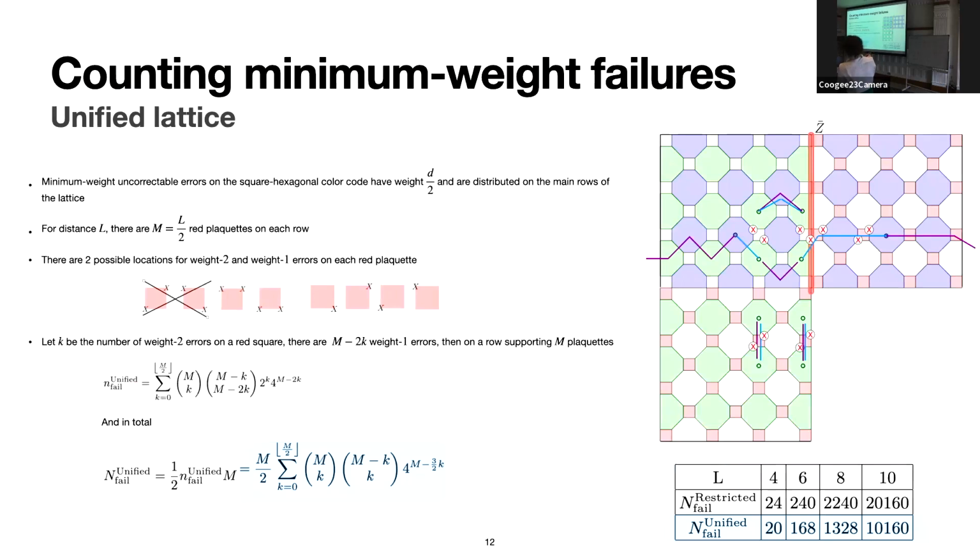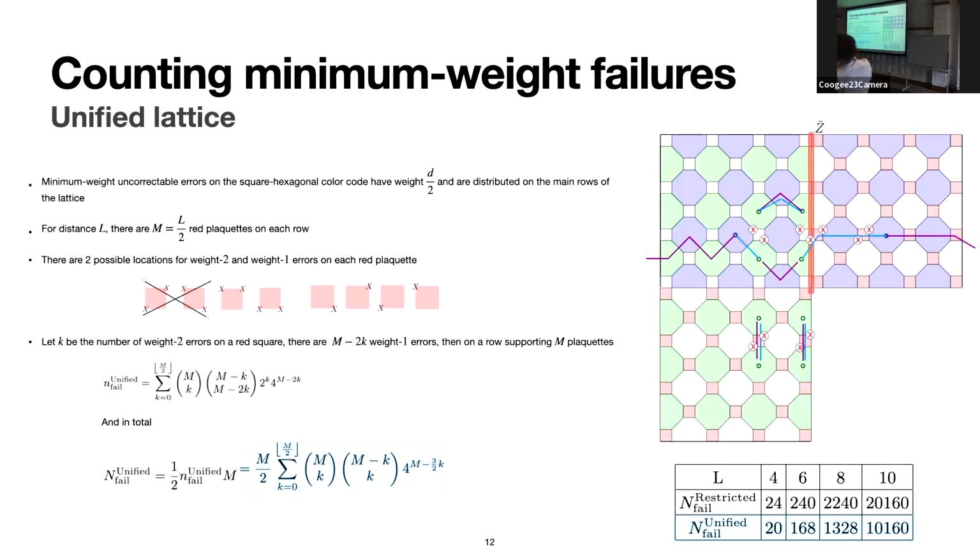Yeah, exactly. Because we have this advantage from these diagonal errors, we ignore them in the calculation. And so we just consider the single qubit locations on the red squares and the horizontal 2-qubit locations on the red squares.